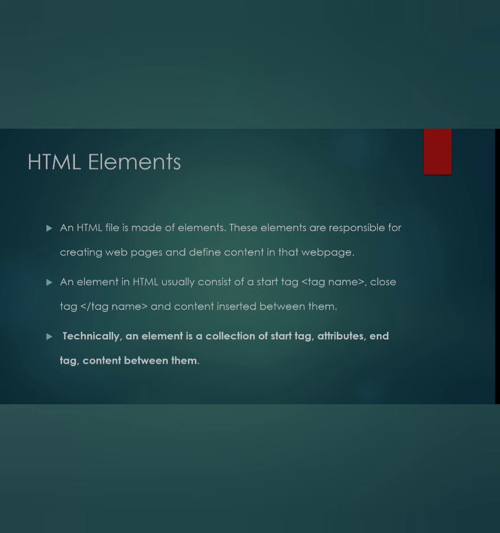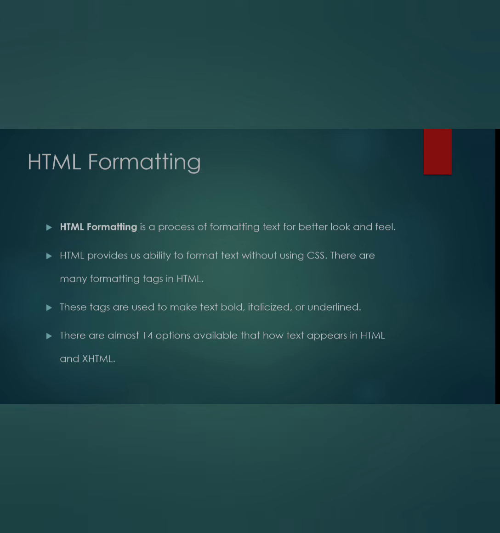These elements are responsible for creating the web pages and defining the content in that web page. An element in HTML usually consists of a start tag, tag name, close tag, tag name, and content in between them. Technically, an element is a collection of start tag, attributes, end tag, and content between them.